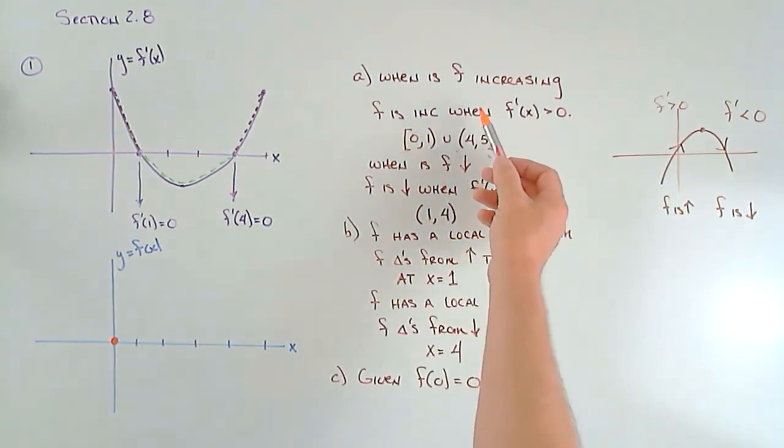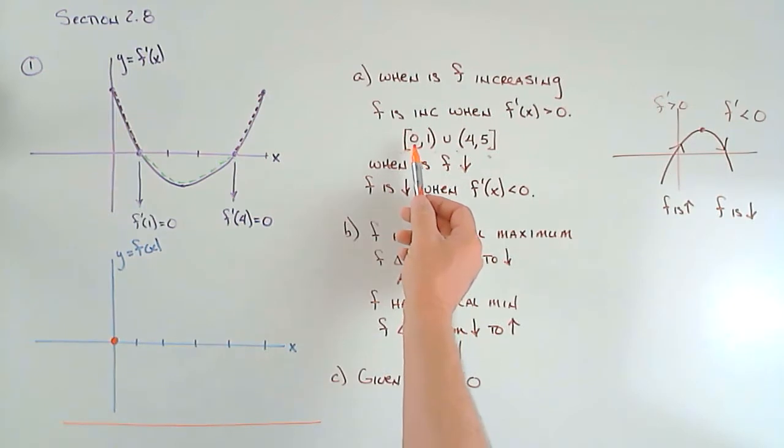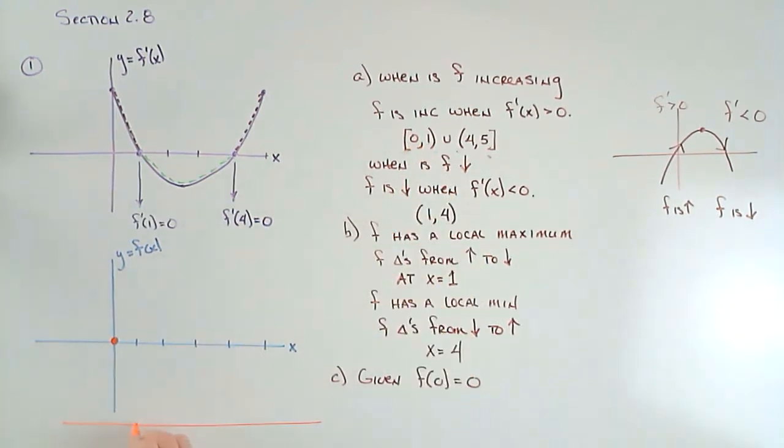When we talk about increasing and decreasing, I like to draw a bar down here like this. And I like to look at the bar and go, okay, from 0 to 1, I'm increasing. This isn't a graph, it's just a characteristic bar, if you want to think about it that way.